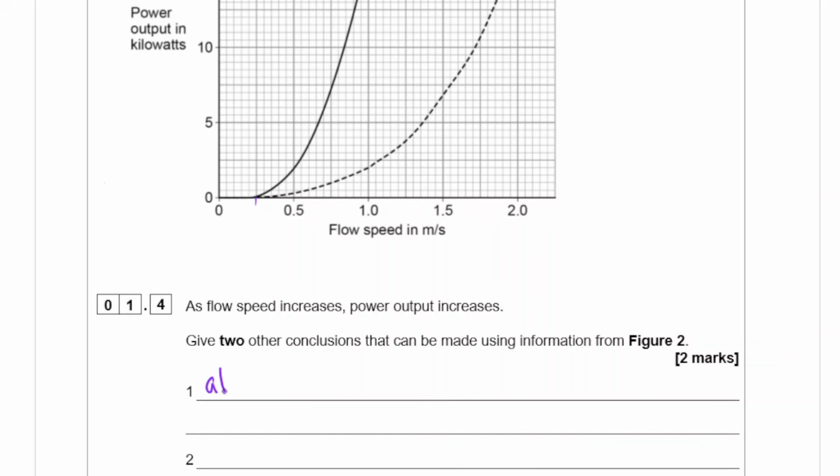So at very low flow speeds, let's say below 0.25 meters per second, there is no power output.